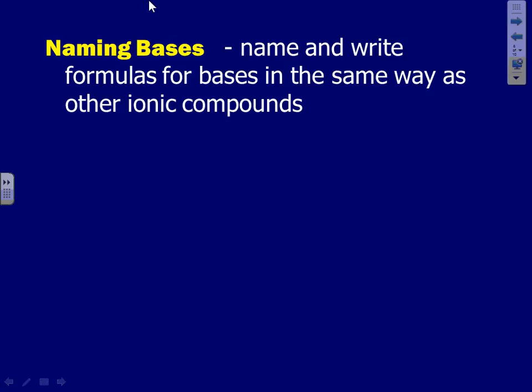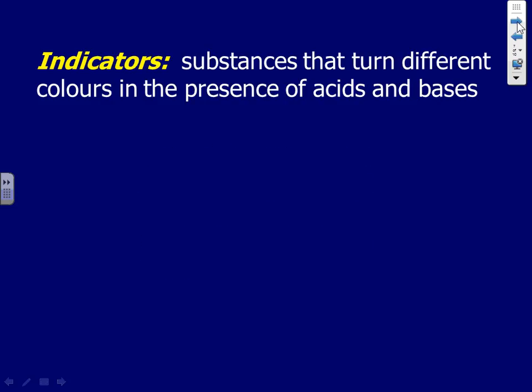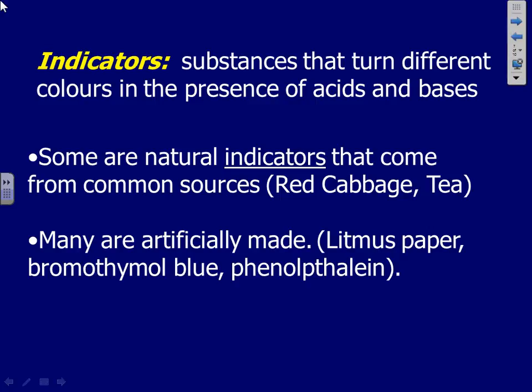So the last thing I want to talk about before we get to our activity on properties of acids and bases is something that's called an indicator. Have you heard of indicators before? Anybody? No? I don't know whether you've done this in grade 9 or 10. Certain chemicals will have certain colors depending on whether they're in an acid or a base.